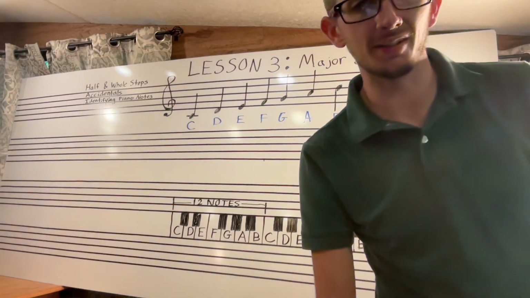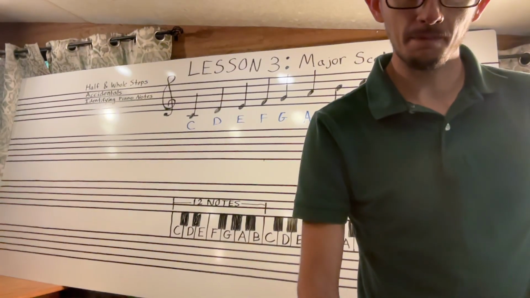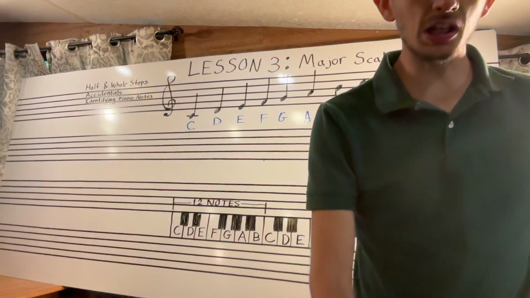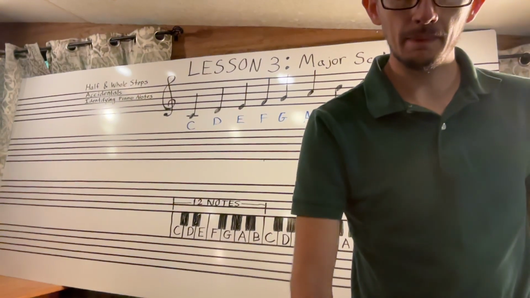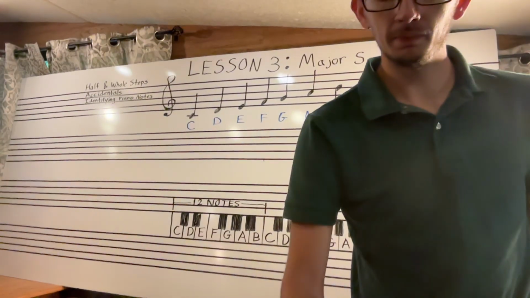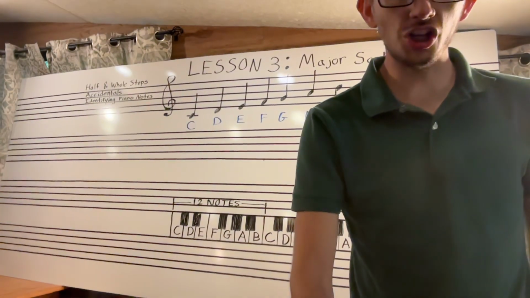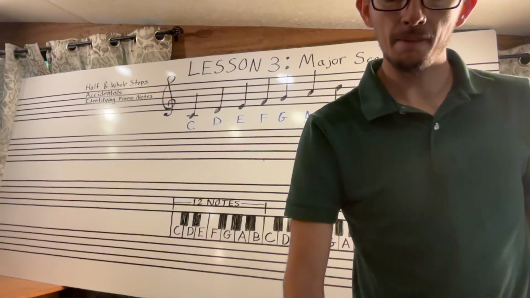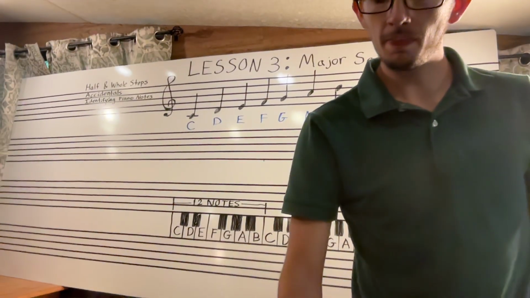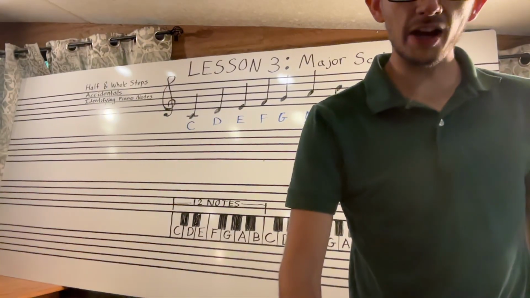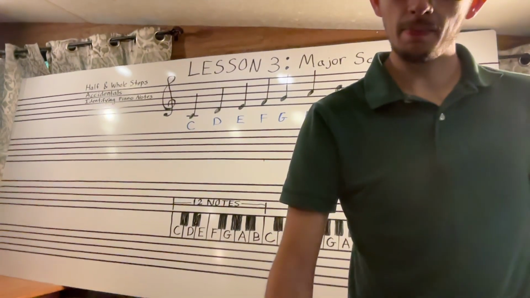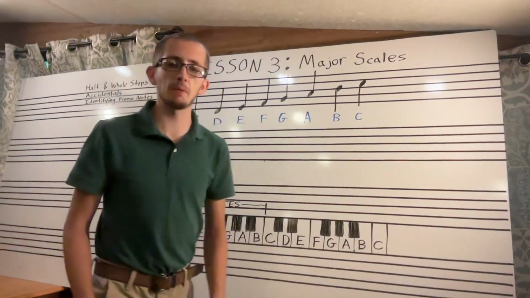You can have one that starts on D, E flat, E, F, F sharp, G, A flat, A, B flat, B, and that's all 12 different major scales that there are.